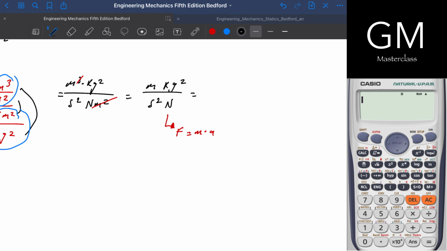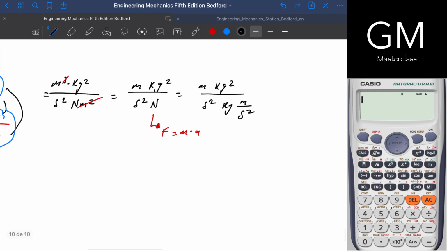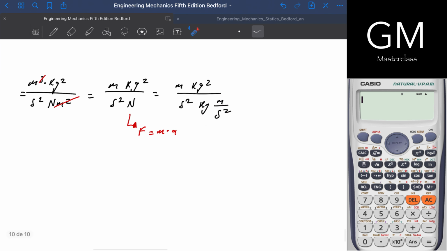So this is going to be equal to a meter multiplied by square kilograms divided by square seconds multiplied by kilograms multiplied by meters per square seconds, in which these kilograms mean the mass part of the equation, and these meters per square seconds are describing the acceleration part of the equation.